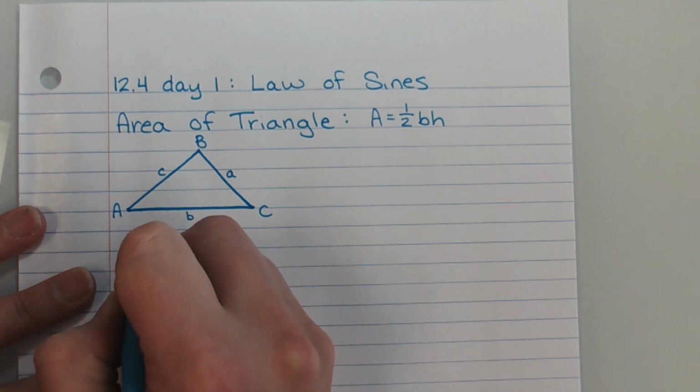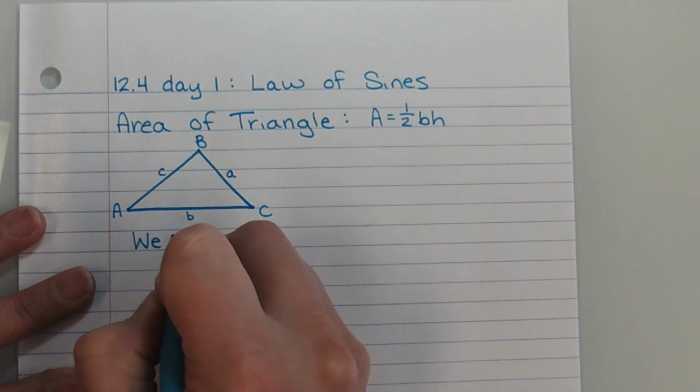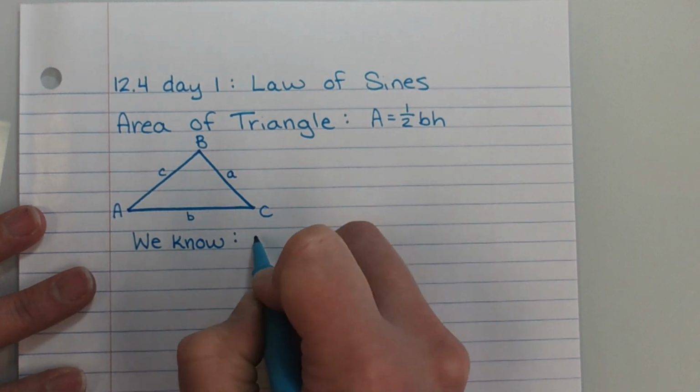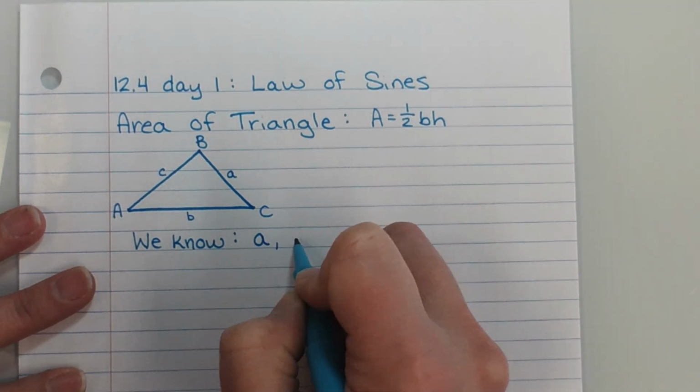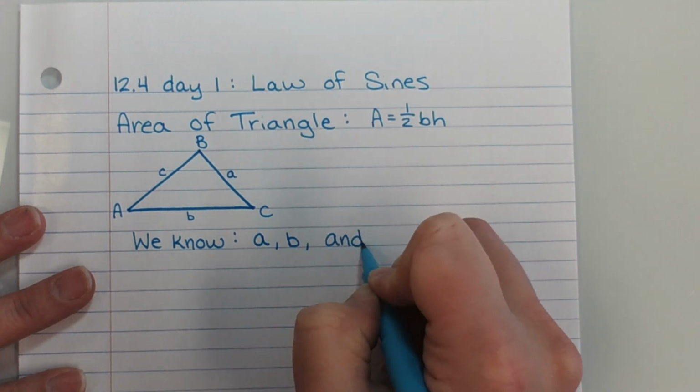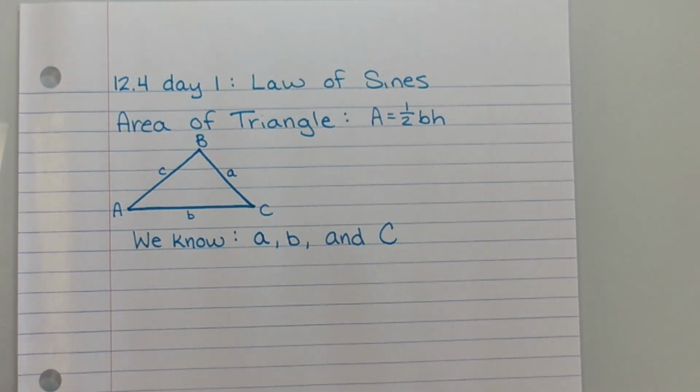Now let's say that we know about this triangle, the length of a, the length of b, and the measure of angle C.